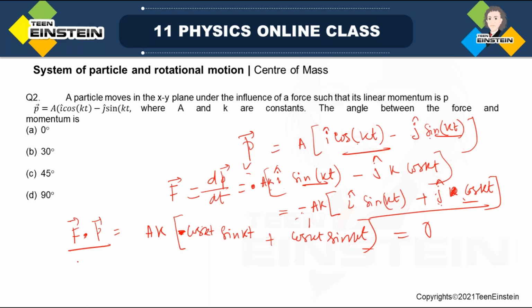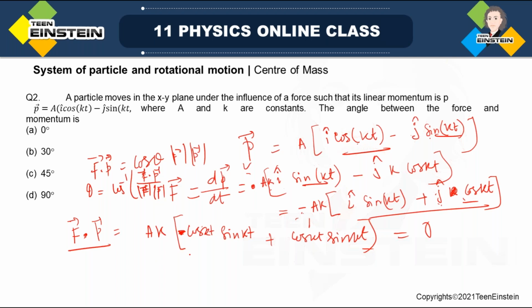I'm sorry, F dot P will give you cos theta, not tan theta, cos theta into F and P. We have learned this already in the vector part. So theta will be cos inverse of F dot P divided by F P.